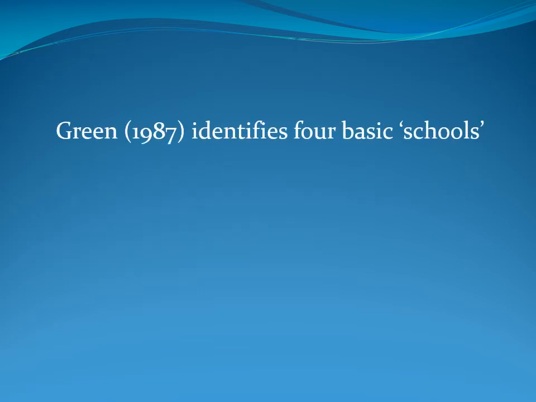Green identifies four basic schools of the neoliberal approach. Number one, the Australian school. Two, the Chicago school. Three, the Virginia School of Public Choice. And four, the anarcho-capitalists. Basically, in all these schools, there are three moot points which can be identified as the basic theoretical characteristics of the neoliberal approach.